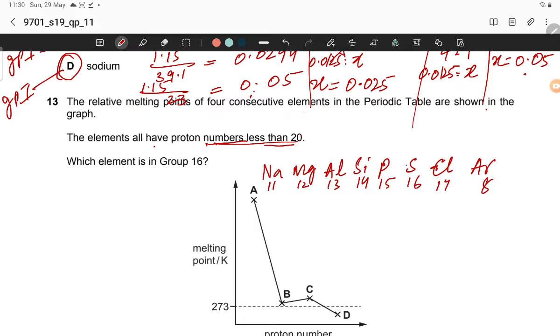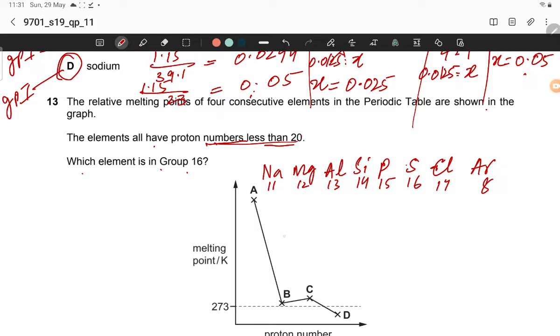Melting points of 4 consecutive elements in the periodic table are shown in the graph. The elements all have proton number less than 20. Which element is in group 16? This is group 16.